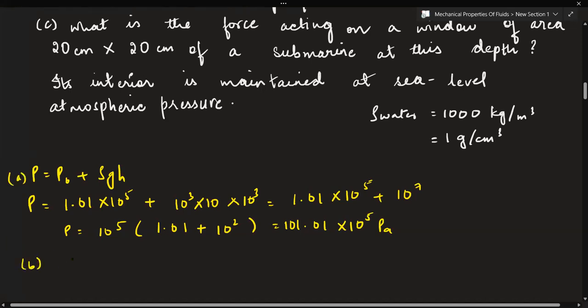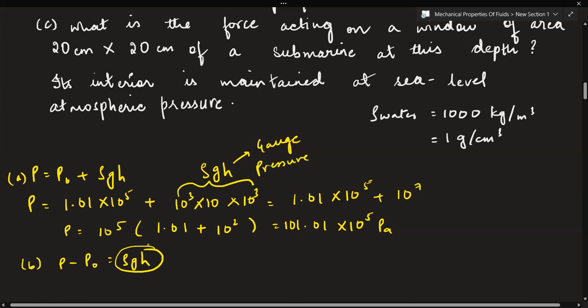Now for the second part, see, P minus P naught is equal to rho GH. And what was gauge pressure? Gauge pressure was this only. Yes, ma'am. So only this portion is rho GH, which is the gauge pressure. How did you do it?